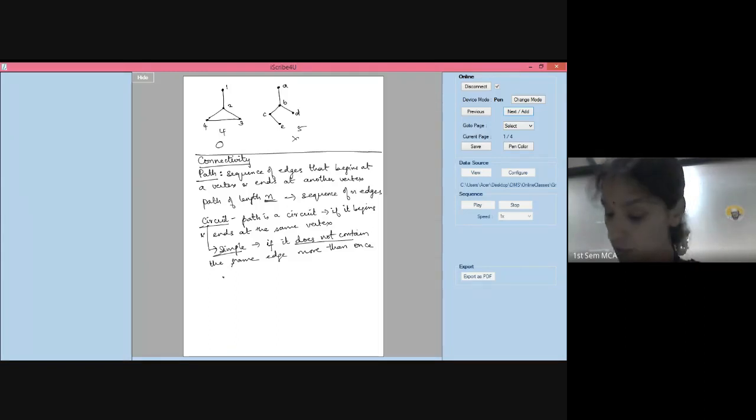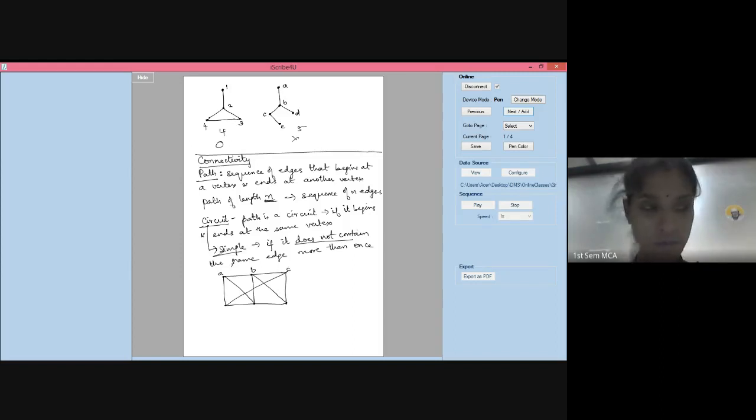Let me take a graph. This is A, this is B, this is C, D, E, F. Now, if you look at A, D, C, F, E, let's take just an example.